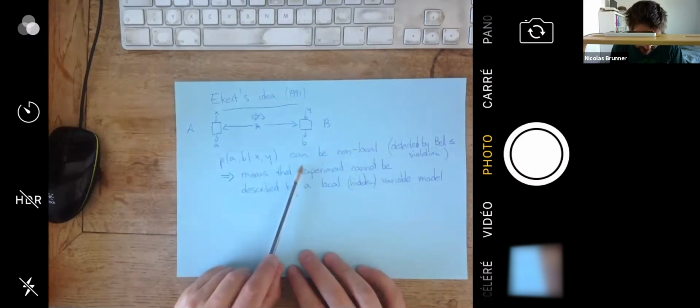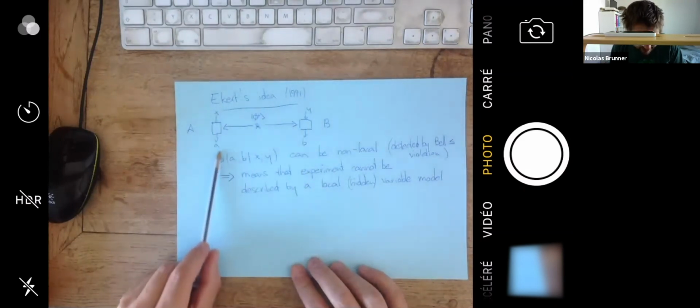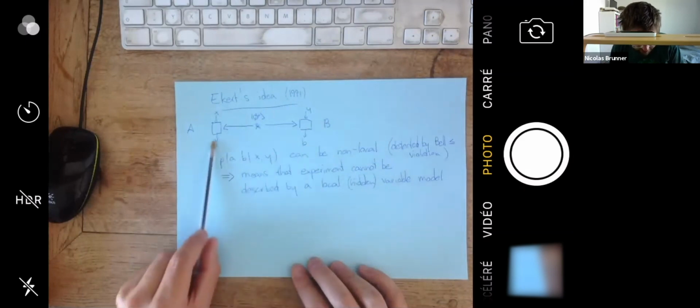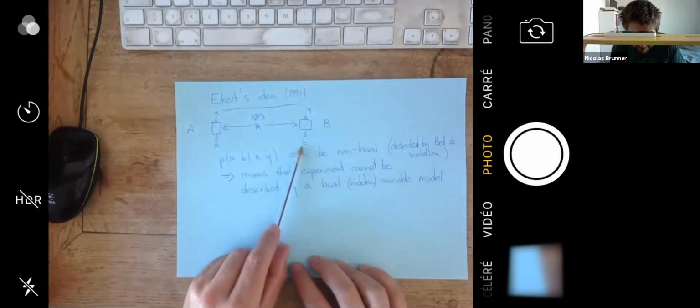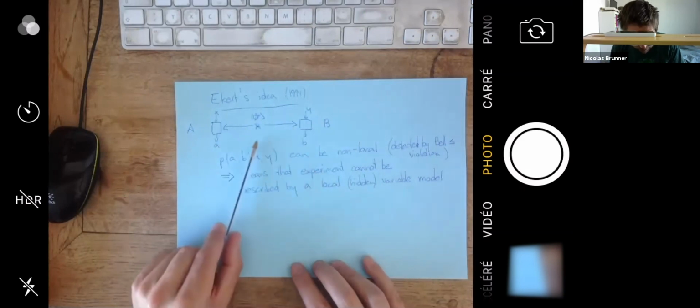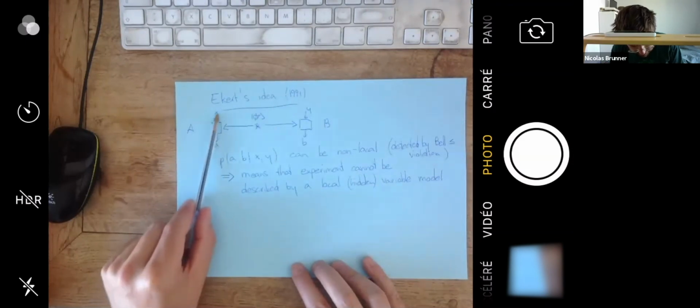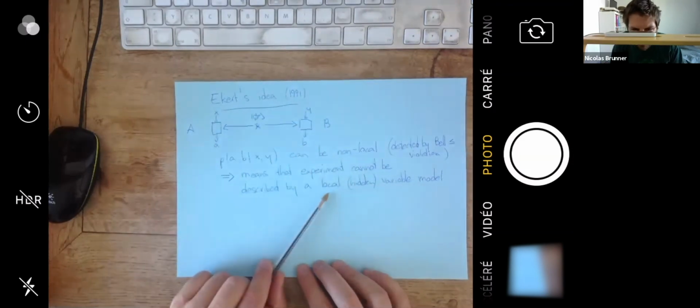Because that is the case, Ekert argued that the results of Alice and Bob are private in a sense. It would be impossible for an eavesdropper to guess what results they are actually going to get.